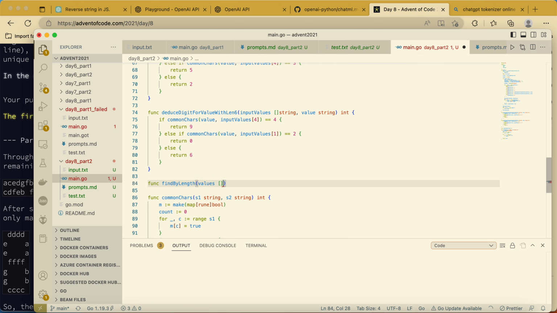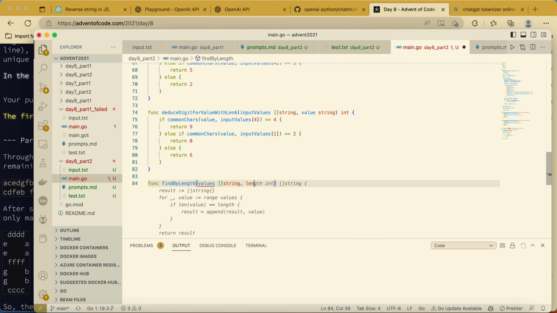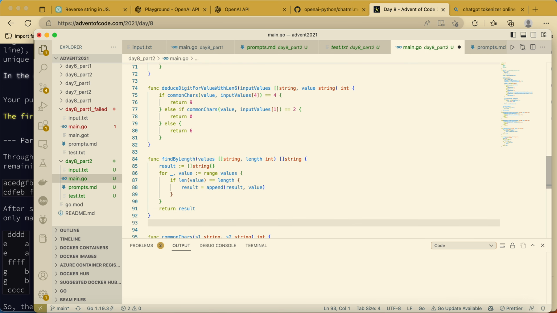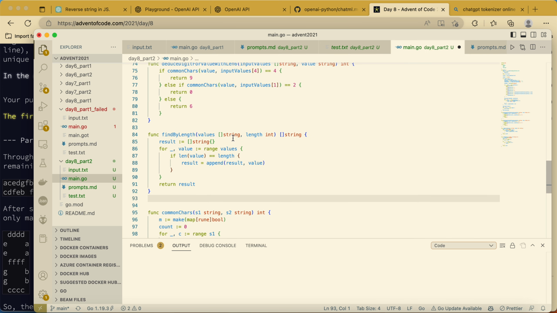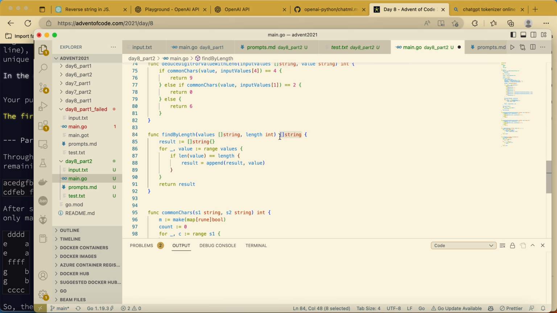Here I can have length int, and now I want to return int.